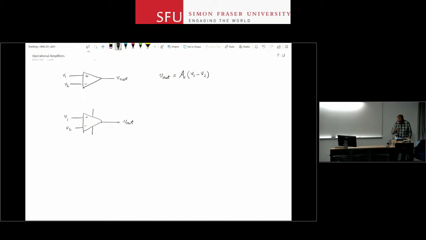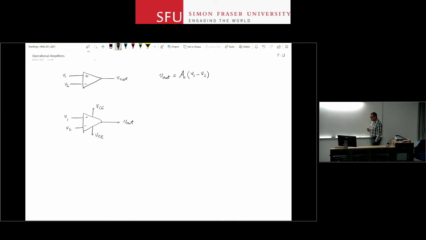So if you want to be explicit about that, you show the 2 bias pins like this. Or VCC and VEE are the naming that we have, let's say, inherited from the BJT days. Nowadays, actually, MOSFET op-amps are more common, so you may see VDD and VSS instead of VCC and VEE.